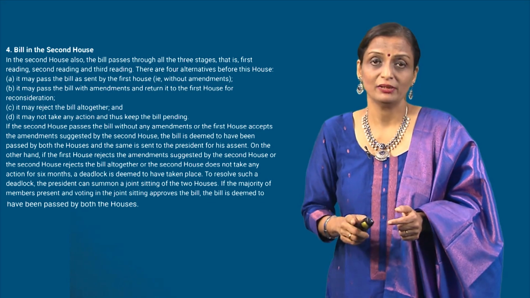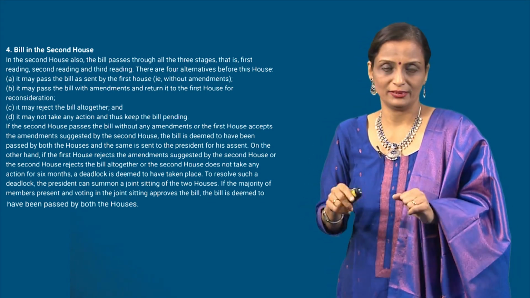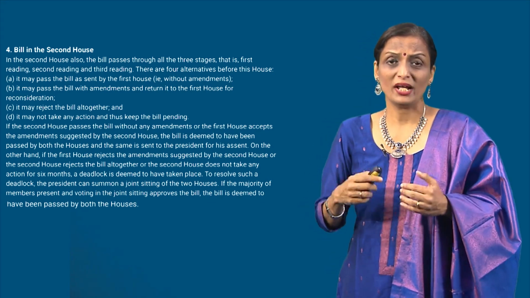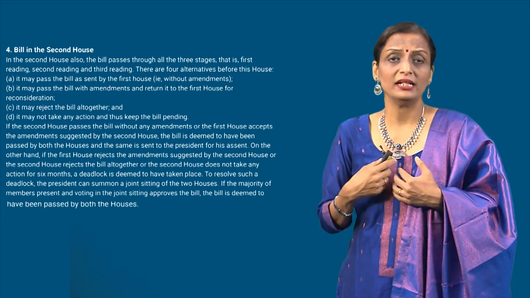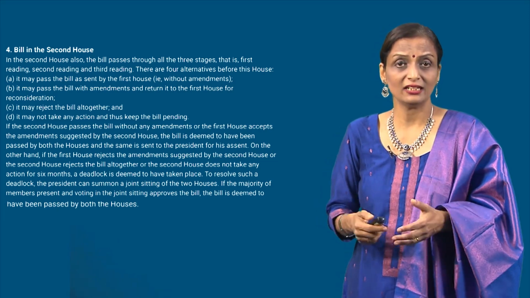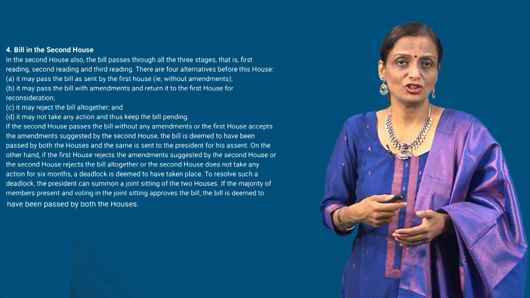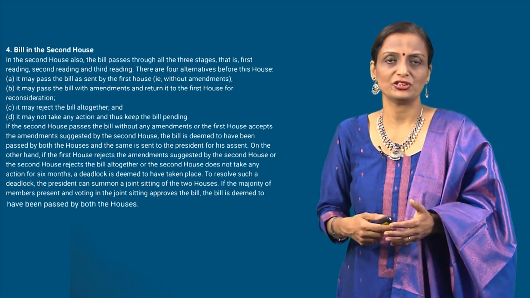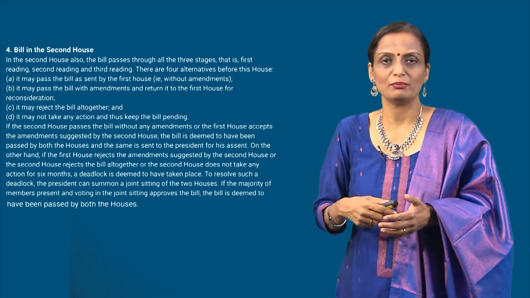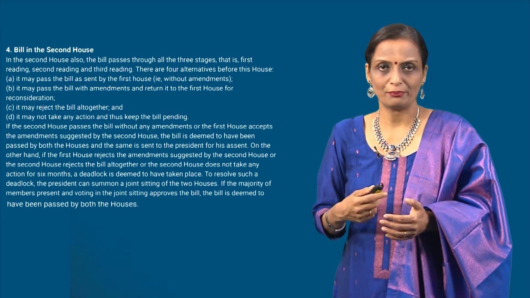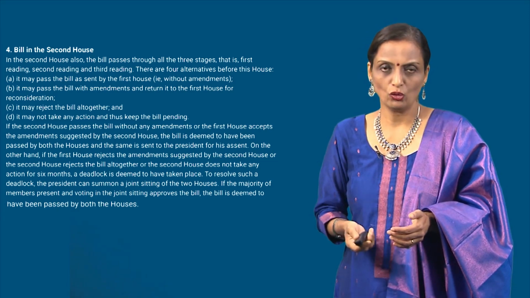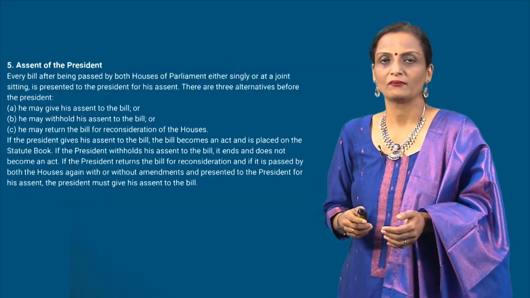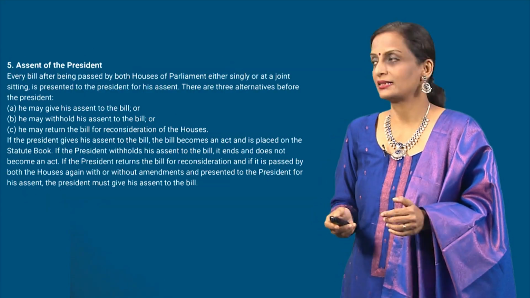At the same time, they can also reject the bill. When the President sees that the bill has been rejected, he can convene a joint session of both the houses and call for a voting. When the majority of the members present vote and pass the bill, it is deemed as passed.